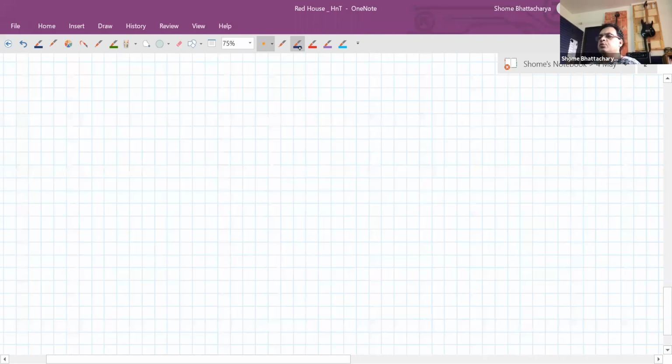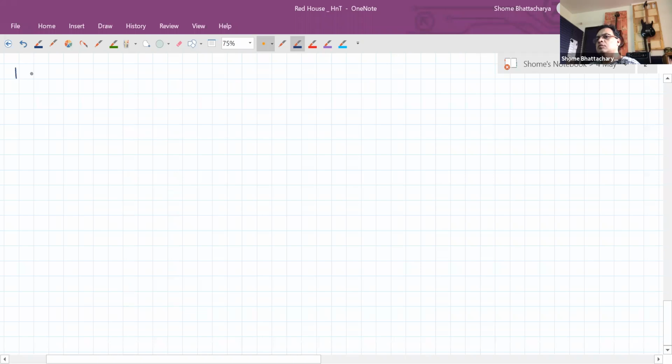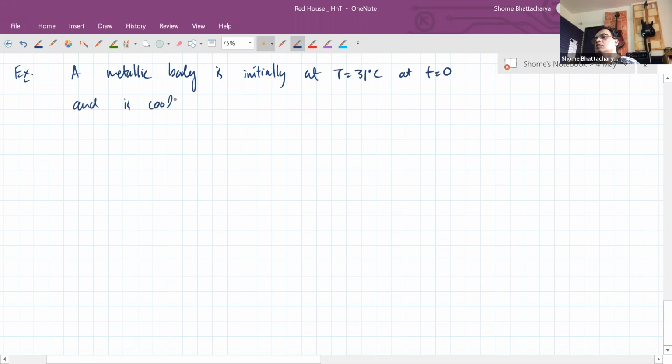Now let's look at another type of problem related to Newton's law of cooling. So now we have a metallic body that is initially at a temperature of 31 degrees C at time t equal to 0 and is cooling at the rate of per minute.